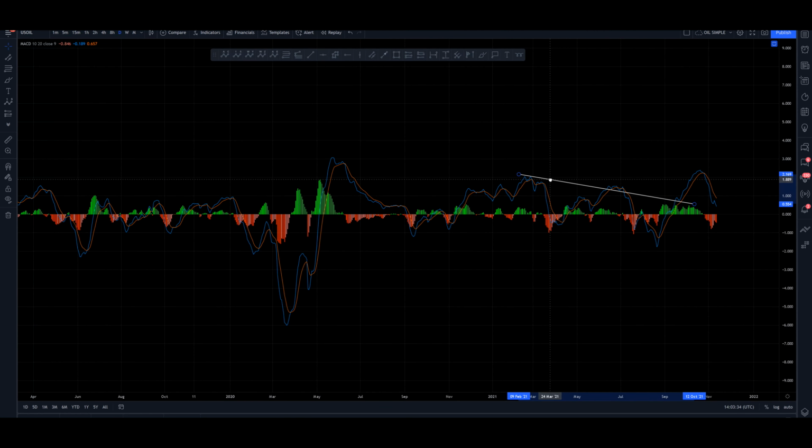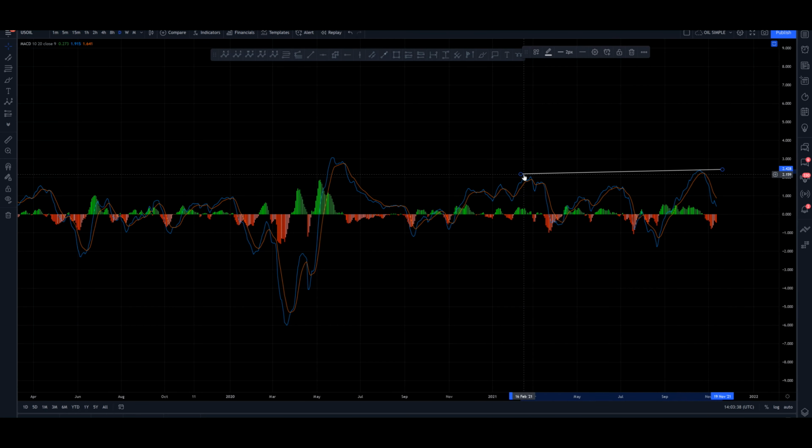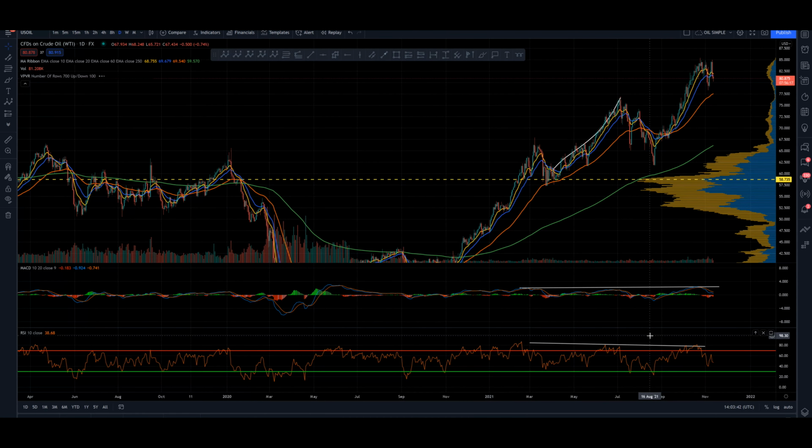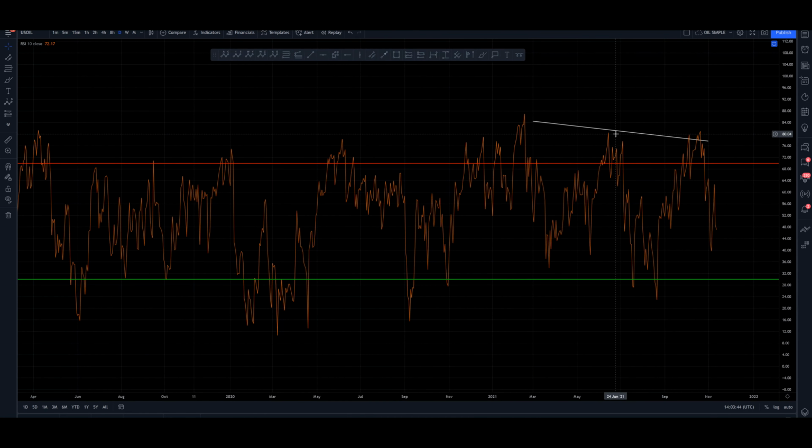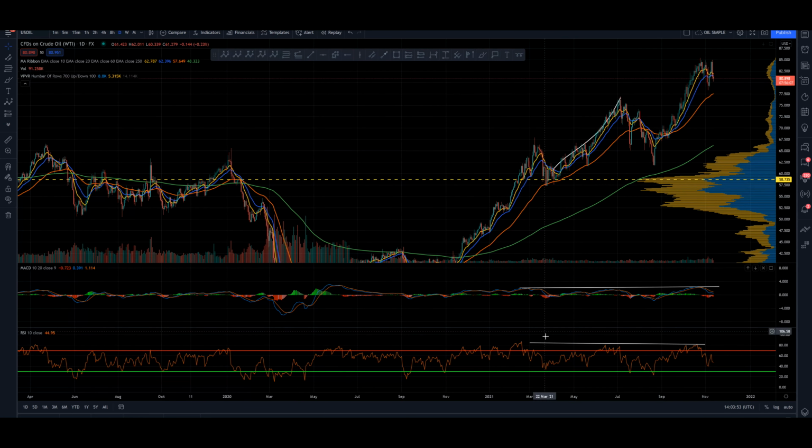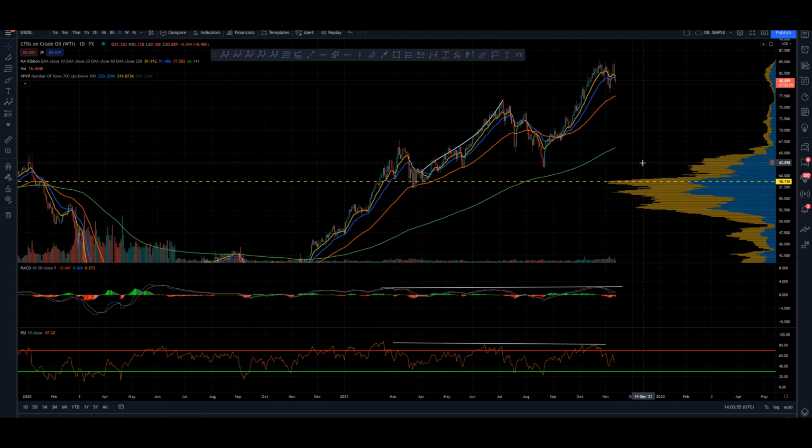We can see that we've actually come up and made a higher high in the MACD with a recent move higher. Interesting. RSI, I think that's also true. Yes, it is. We just eked out another high above this high, so we don't have that same divergence here on the daily time frame as we do on the weekly time frame.